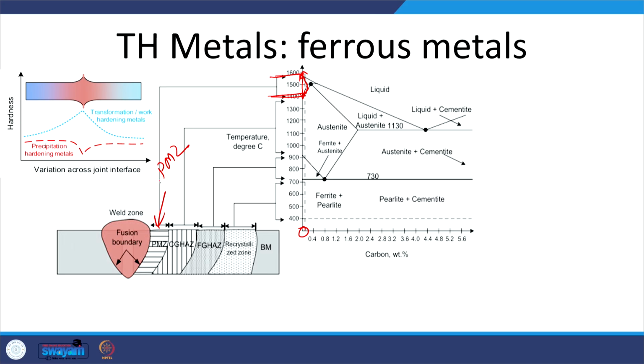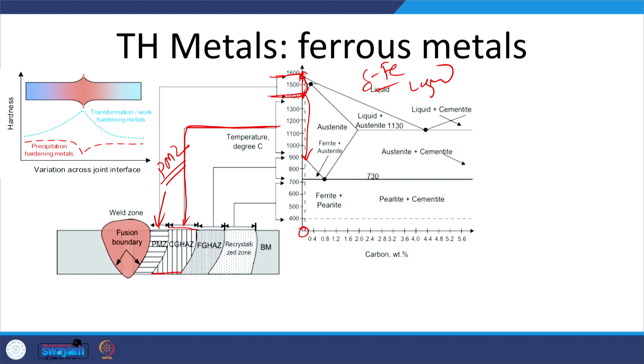So, it will be a partial melting zone where we will have both solid as well as liquid. Solid is our delta ferrite and liquid metal. But below this we have another zone.